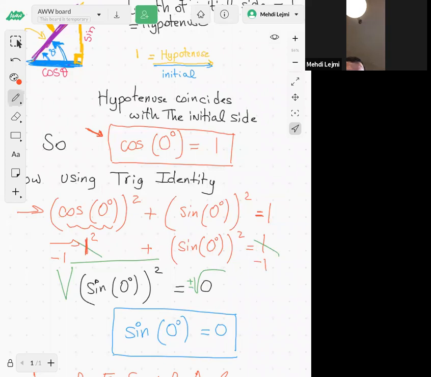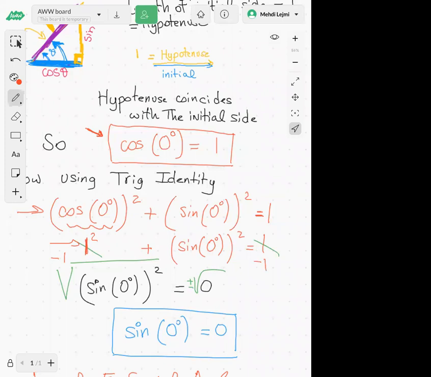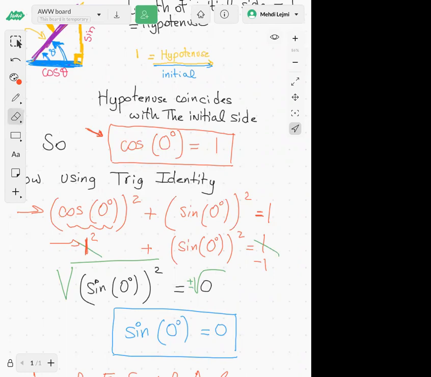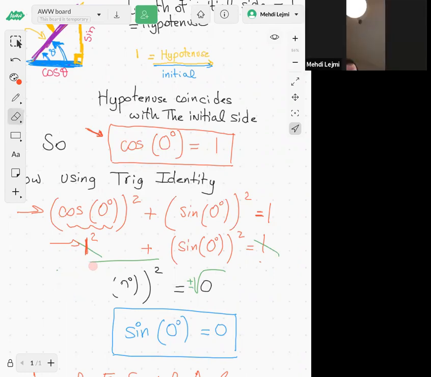But the 1 on the right is not squared. Yeah, but 1 squared is 1 anyway. Probably I jumped one step here, but 1 squared is just 1. So 1 squared is 1 plus sine of the angle 0 squared, and that's equal to 1.